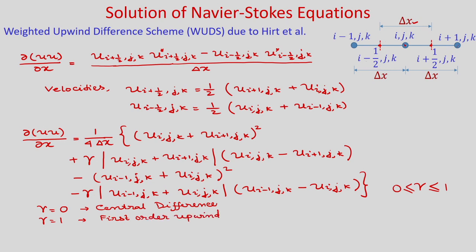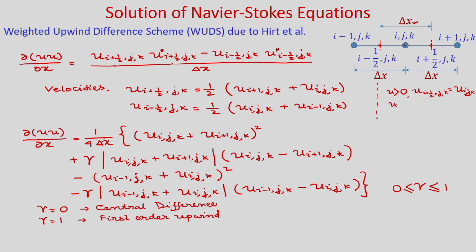What is the upwind scheme? Let us discuss. Say you want to find the value of u at i plus half, j, k. If the velocity at this point is greater than 0, you consider the value of u at i plus half as u(i,j,k).